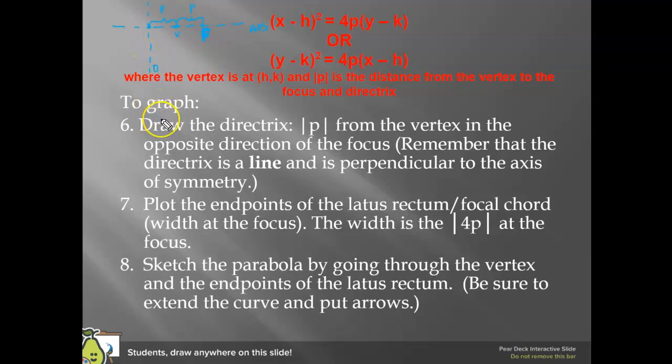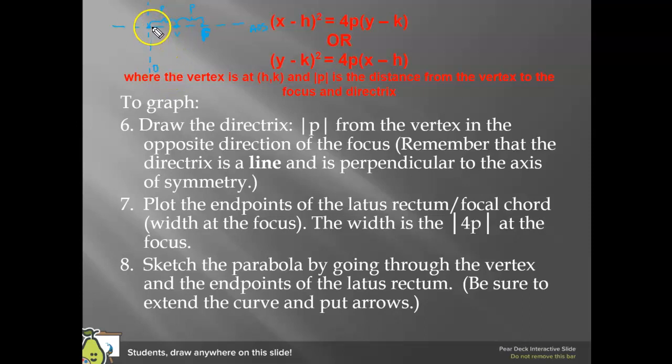And then we need to actually draw our parabola. And to do that, we need a couple more points. Right now we only have one point that's actually on our parabola, one point that is part of that set of points that are all the same distance. And so what we're going to use is this idea that a point on the parabola has to be the same distance from the focus as it is from the directrix.